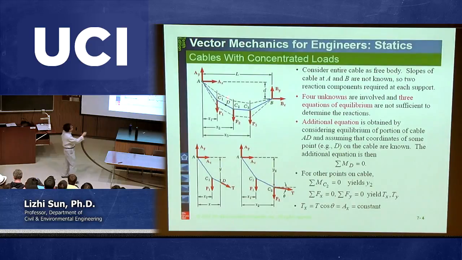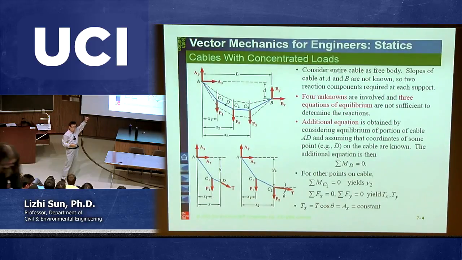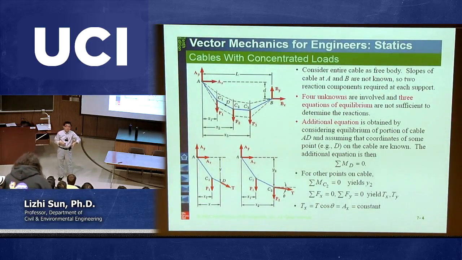The reason is this. Anywhere you want to cut, for example at point D, after you cut, there is no moment at that point. If there's an internal moment, you typically have a beam. For example, going back to any picture you had in chapter 7, when you have a beam and you cut it, you need to give an internal moment.